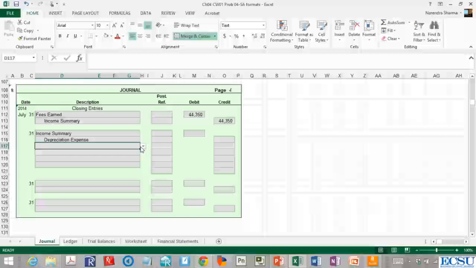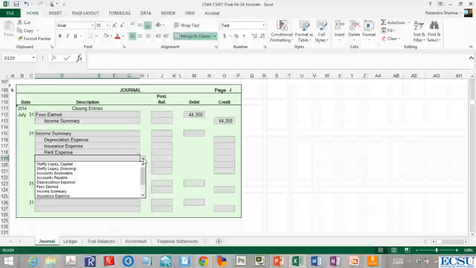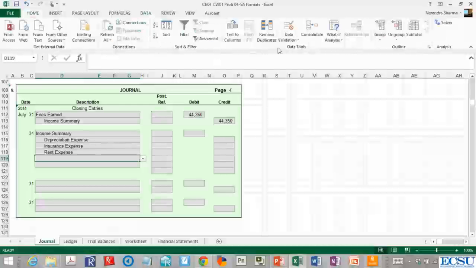I have depreciation expense, insurance expense, rent expense, and I don't seem to have miscellaneous expense. The drop down is not working.